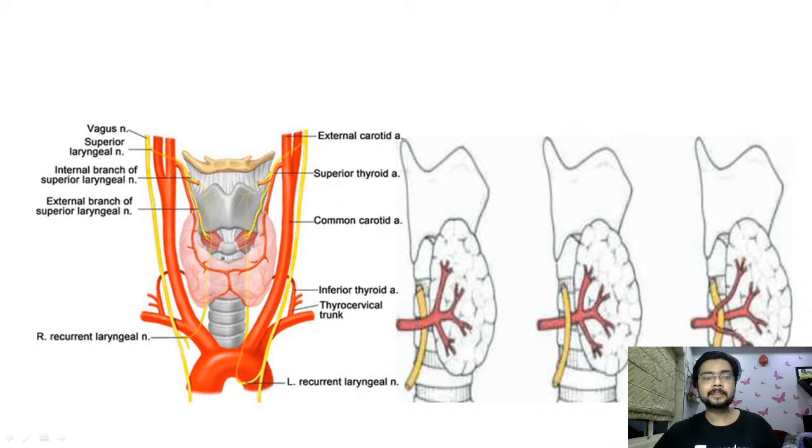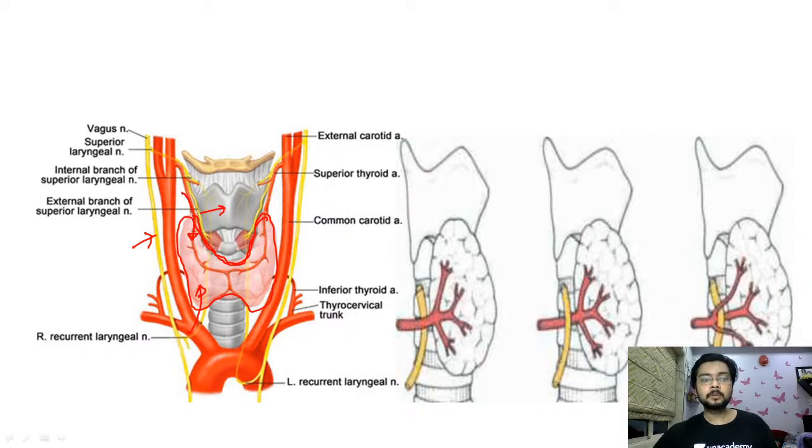Now let us see this picture. Here you can see the thyroid cartilage. The thyroid gland is a butterfly shaped gland, with right and left lobes. So beautifully placed thyroid gland, and what you can see here is two nerves. One is along the lower pole, another is along the upper pole.